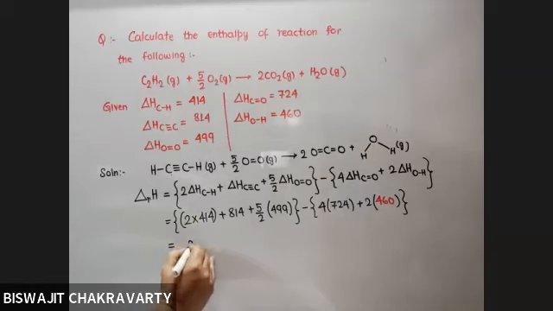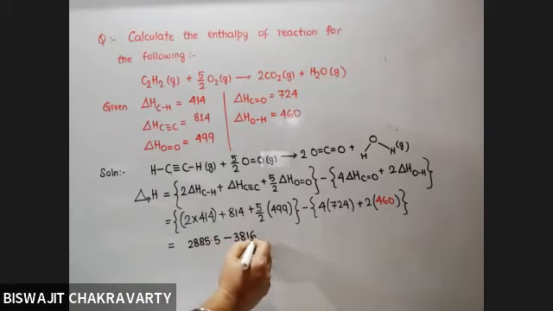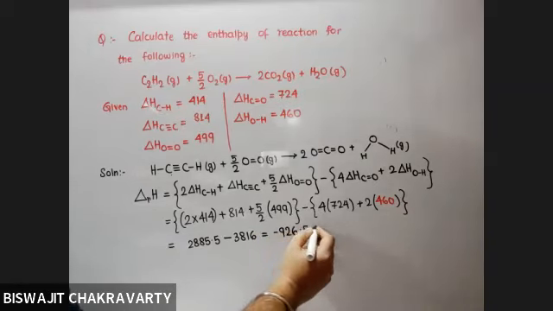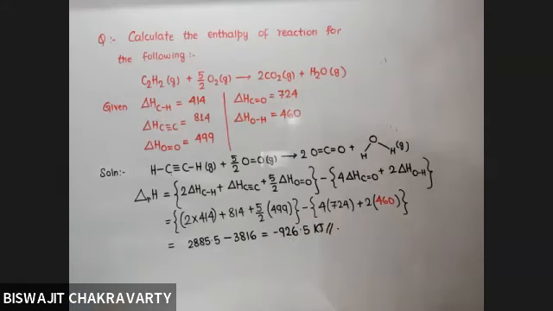Is it coming out to be 2885.5 minus 3816? And what is the net resultant coming out? Minus 926.5. What others are getting? Tell me. Sir, minus 930.5.